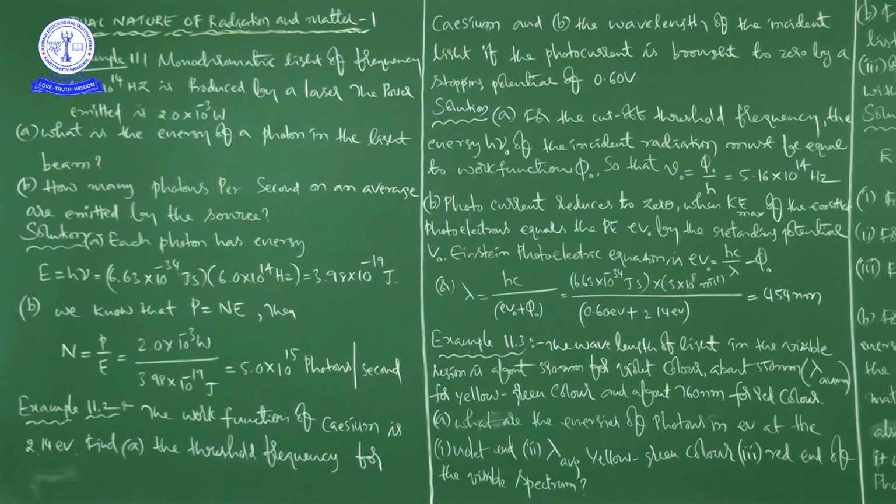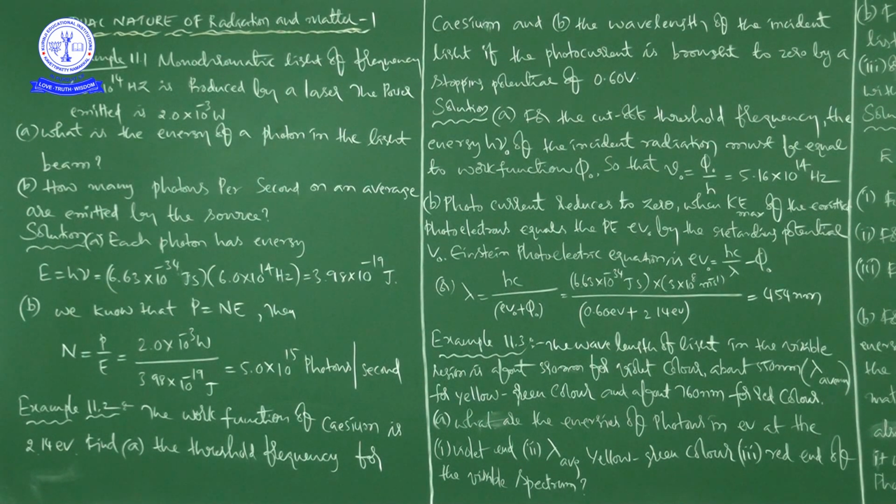Here n is the number of photons emitted by the source per second, and the power P transmitted in the beam equals n times the energy per photon.